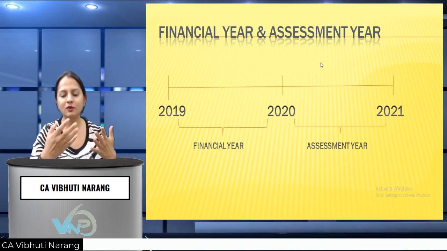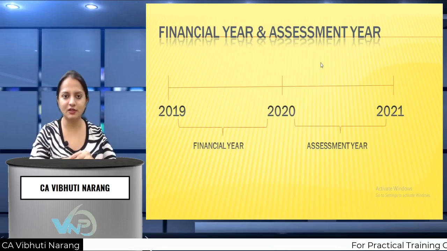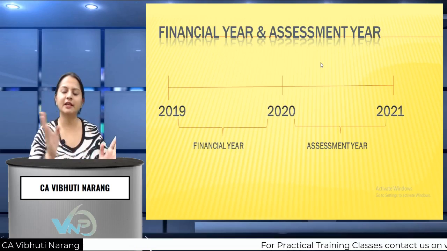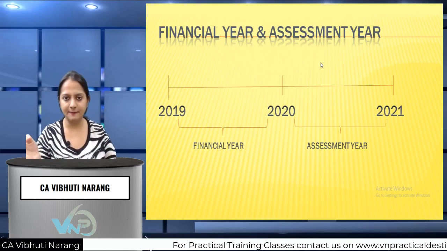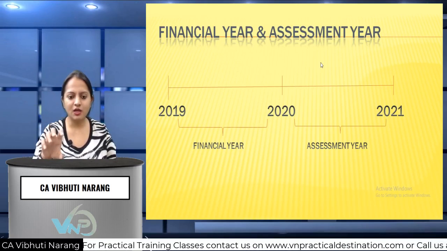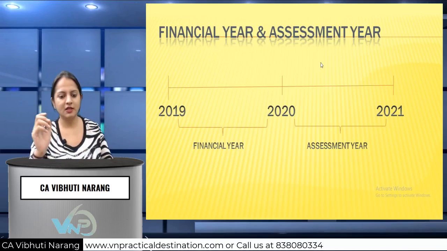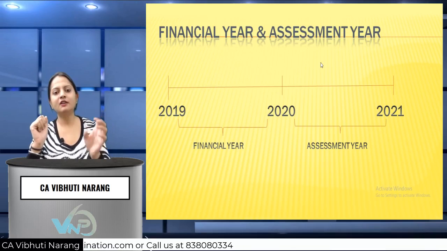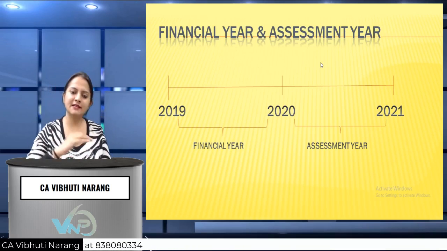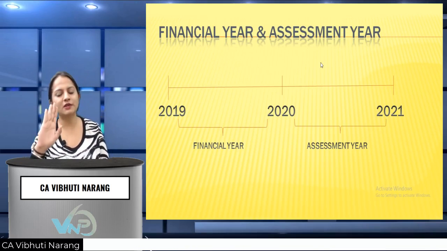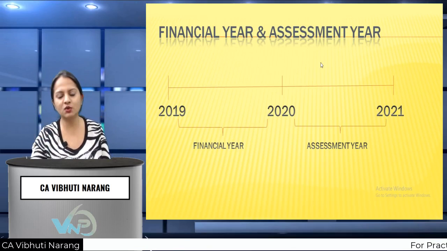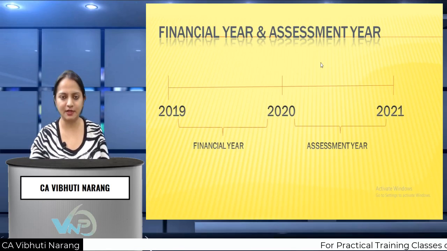But in countries outside India, the calendar year is followed as the financial year, starting from 1st January and ending on 31st December. In India, the financial year is from April to March. The income earned in a financial year is assessed in the next year. That is why the year subsequent to a financial year is known as the assessment year.